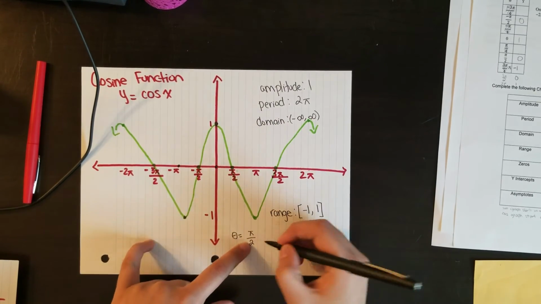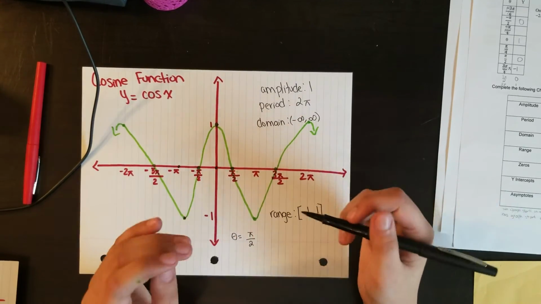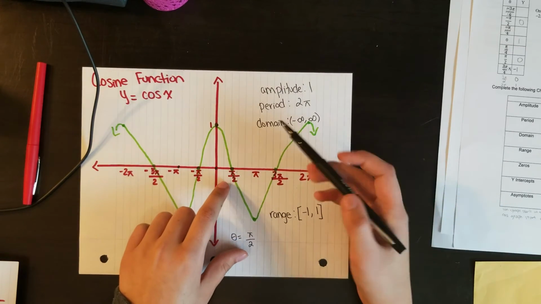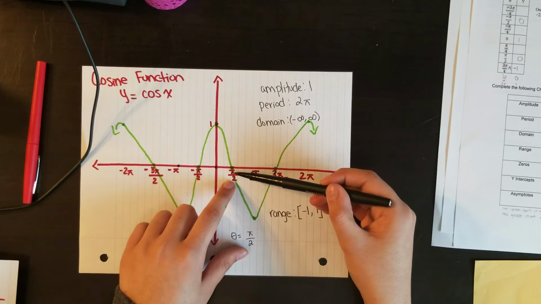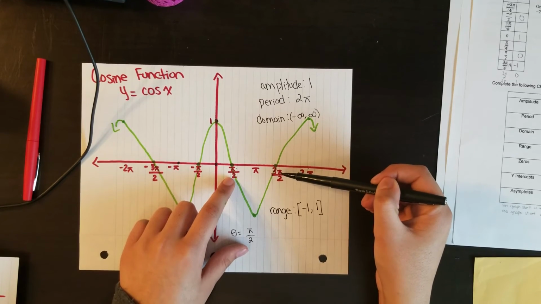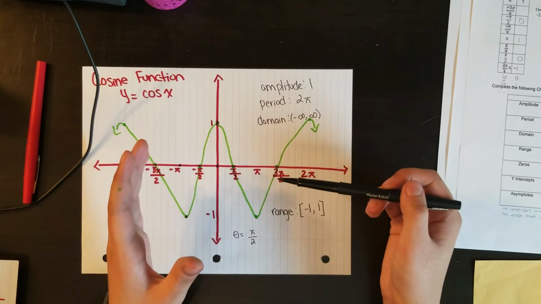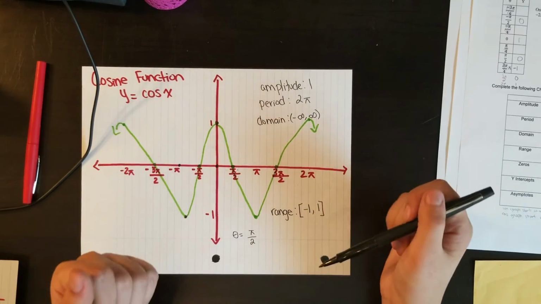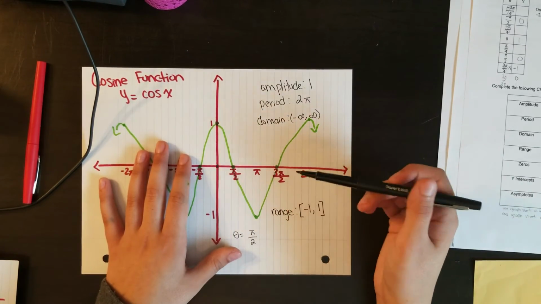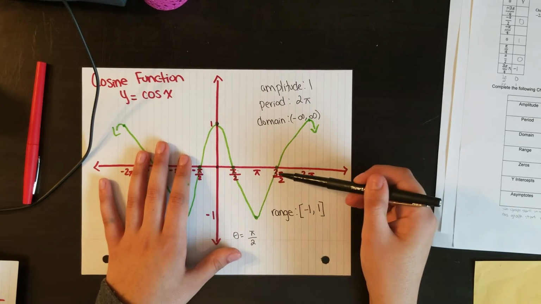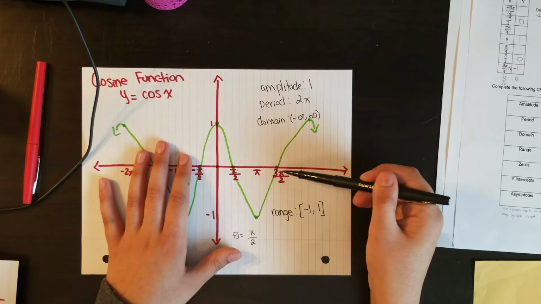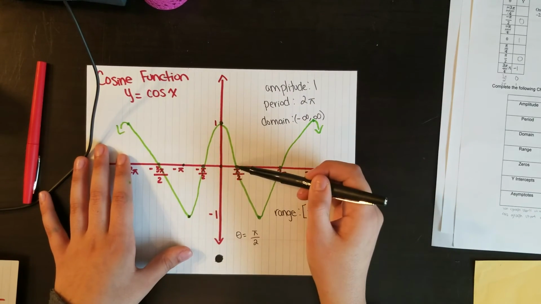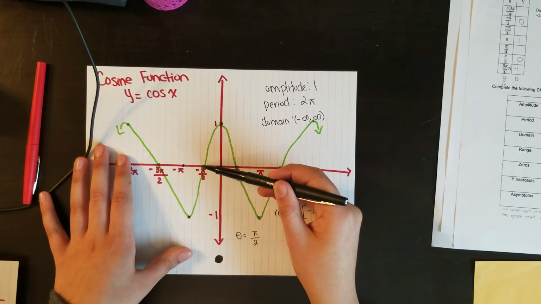Okay, so now I have to figure out how often my x-intercepts are occurring. I know I have an x-intercept occurring at pi/2, then another at 3 pi/2. So what did I have to do to go from pi/2 to 3 pi/2? Well, I just added a single pi. So when I add pi, I'm going to get 3 pi/2. If I add pi again, I'm going to get another x-intercept. If I'm moving this way, if I subtract pi, I'm going to get an x-intercept.